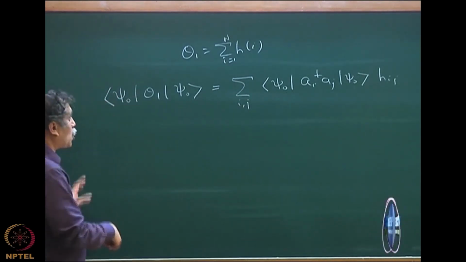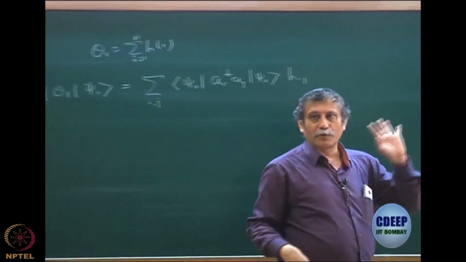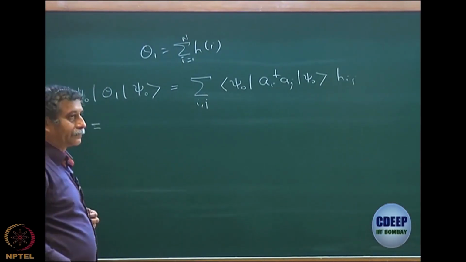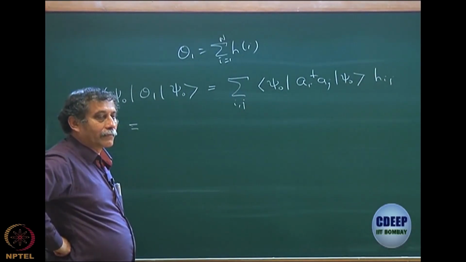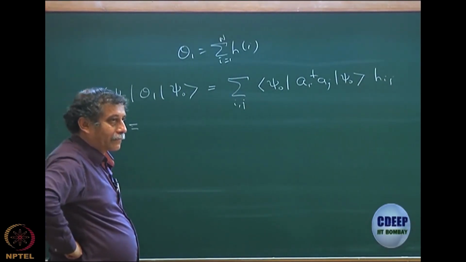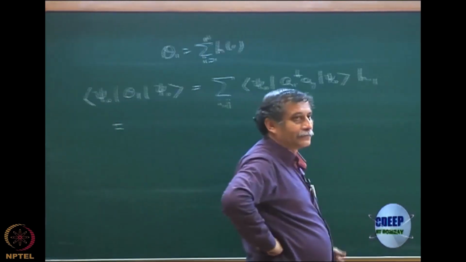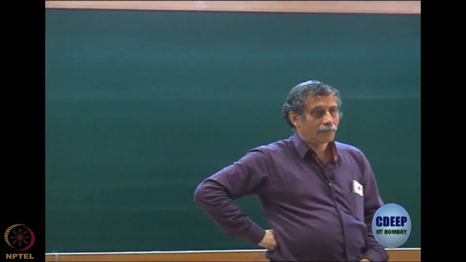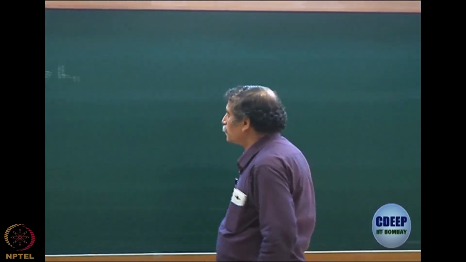So now how do you show that this is equal to sum over ha? That is what we have to show. So what is the next thing that we do? So what should be aj first of all? Okay, so j should be occupied.